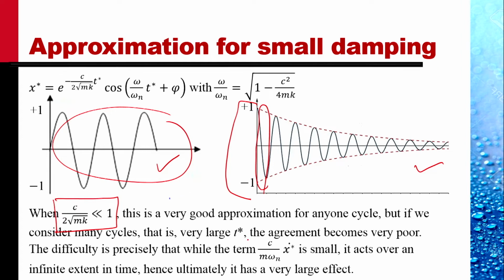This is small, but t star is becoming very large. And when that t star becomes very large compared to 1, such that this no longer is small, then the approximation breaks down. So the effect of this viscosity integrated over a large time gives a large effect.